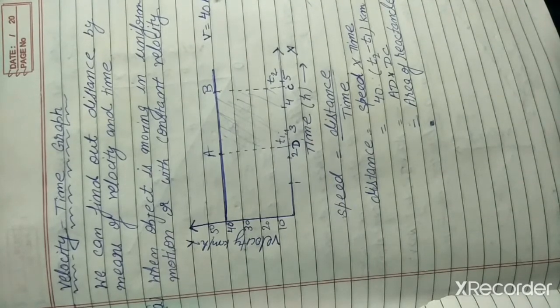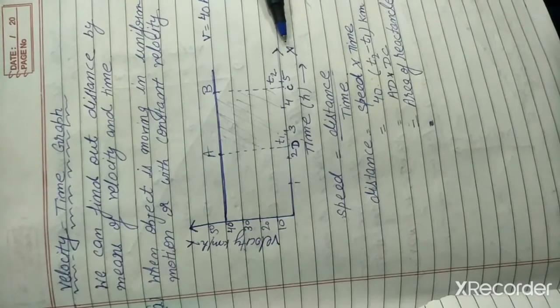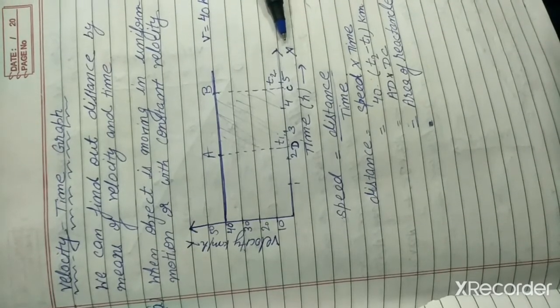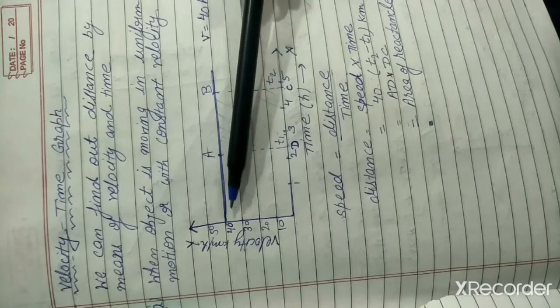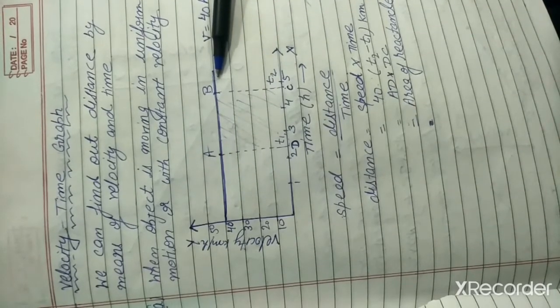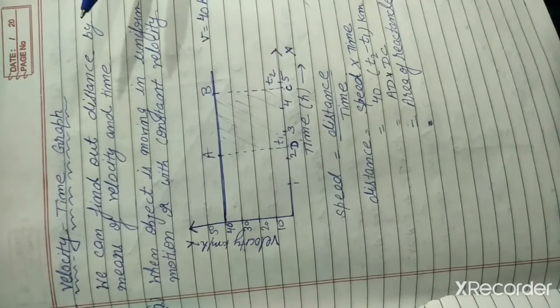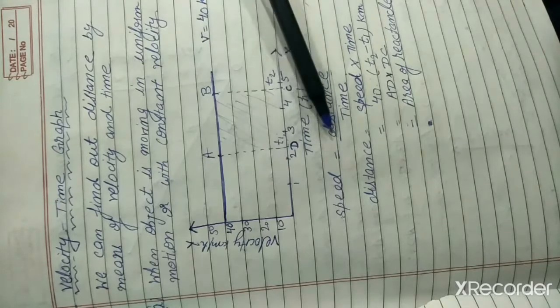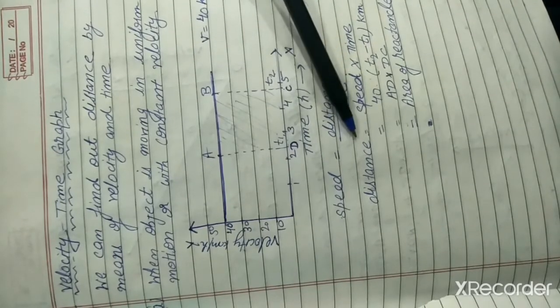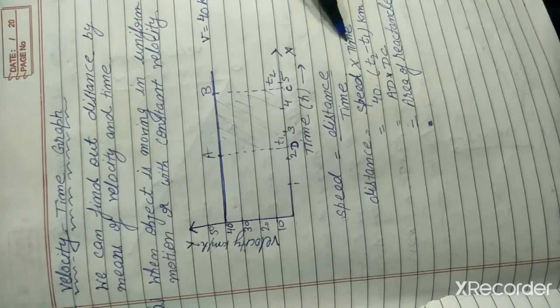Then we get a straight line, which is parallel to the x-axis, as it is moving uniformly at 40 km per hour. To calculate the distance, we have the formula speed equals distance upon time, so distance will be speed into time, right?